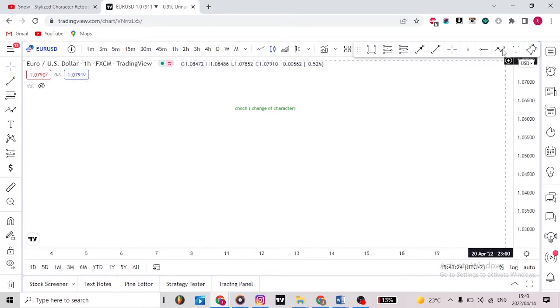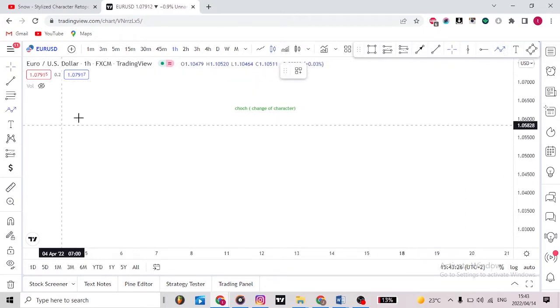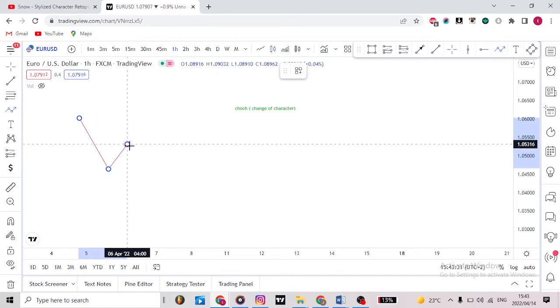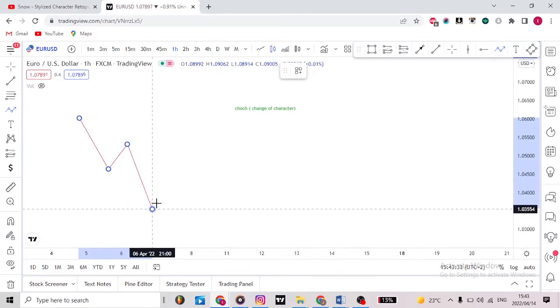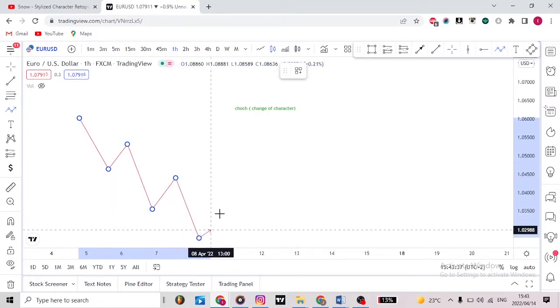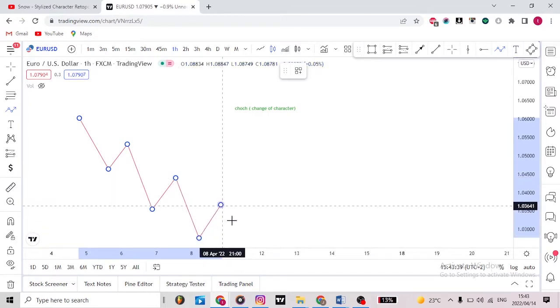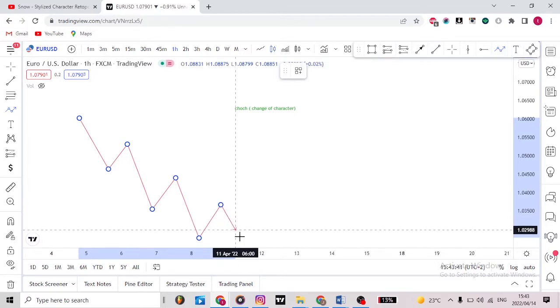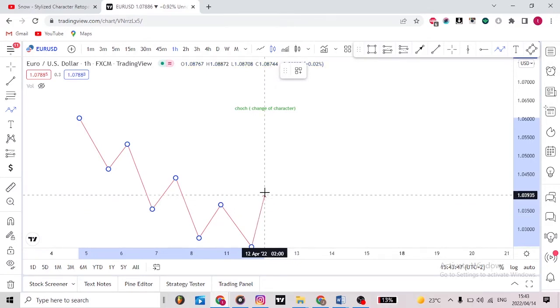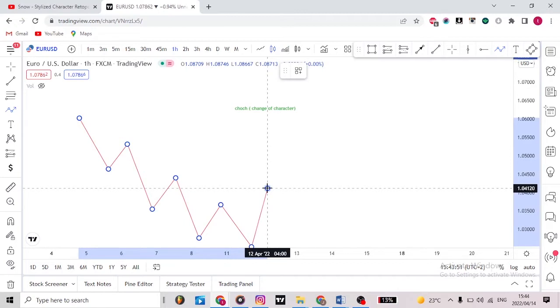For example, let's say we are in a downtrend, we are breaking lows and forming lower highs, and then the market breaks this low, and after breaking the low, the market breaks the previous high.